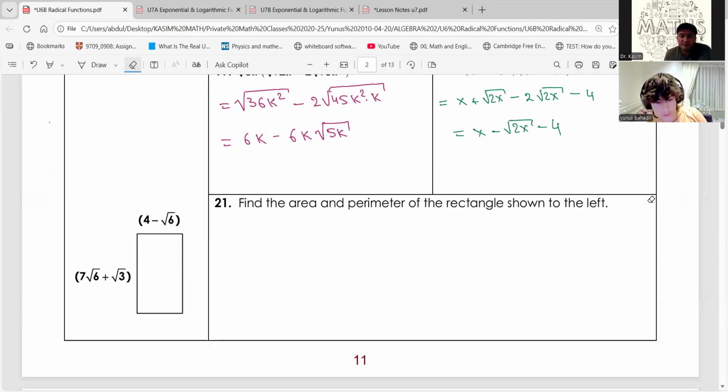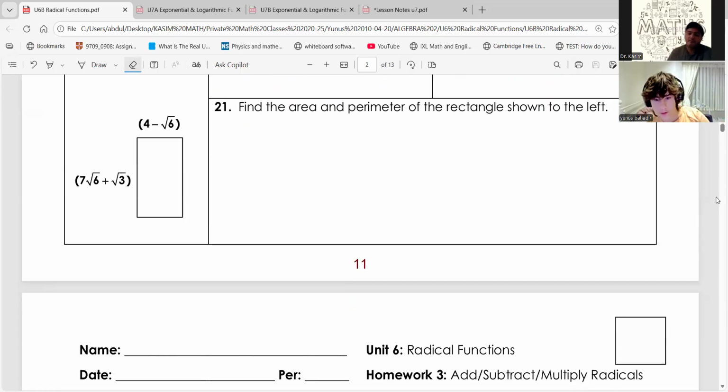Read the question. Find the area and perimeter of the rectangle shown to the left. Perimeter is easy, right? What is the perimeter formula, Yunus? Just add up all the sides. It has 2 widths and 2 lengths, right?